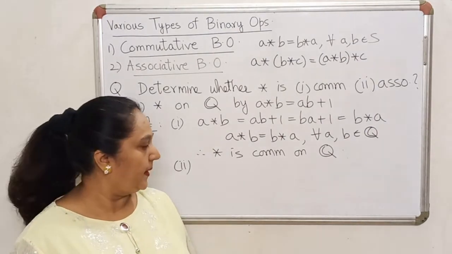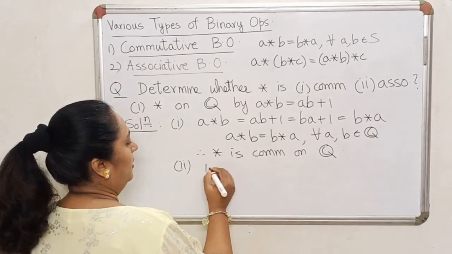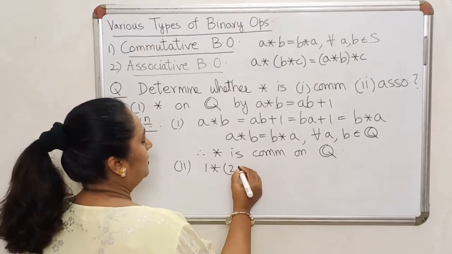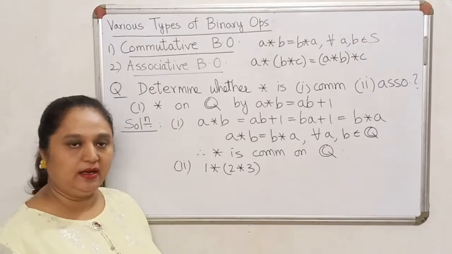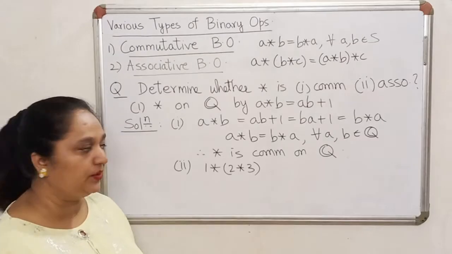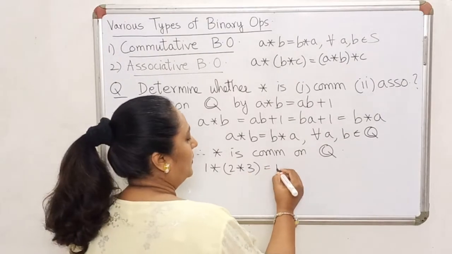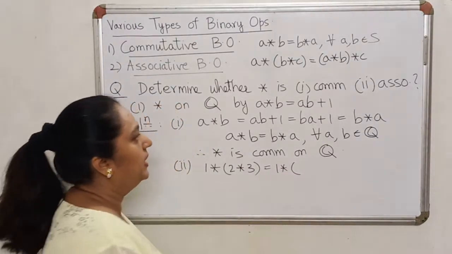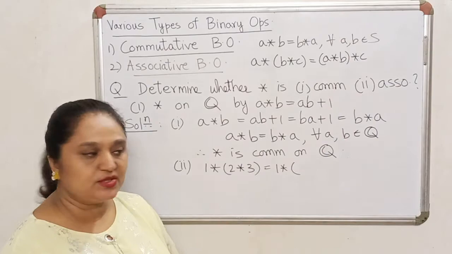So if you're back, let's look at the triple 1, 2, 3, and let's calculate 1 star (2 star 3). That means I first need to compute this. If you look at the operation, A star B is defined as product of the two elements plus 1.